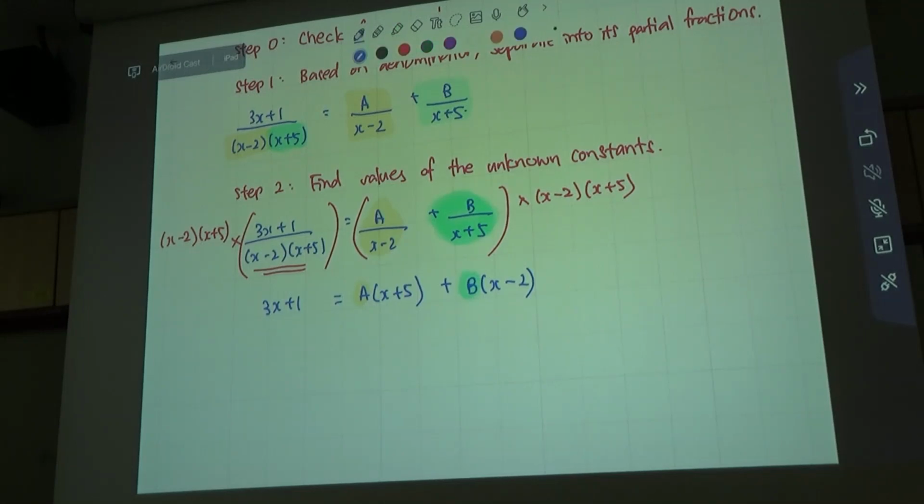In chapter 4.1, we had two methods that are possible. One method is by comparing coefficients. Another method is by substituting suitable values.